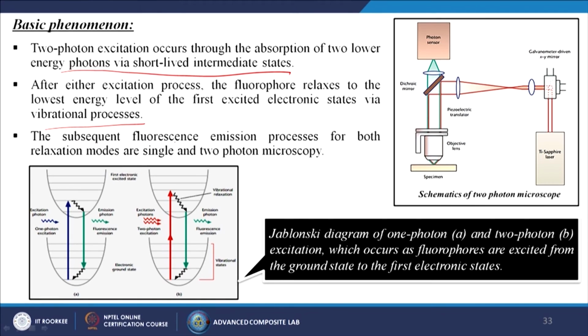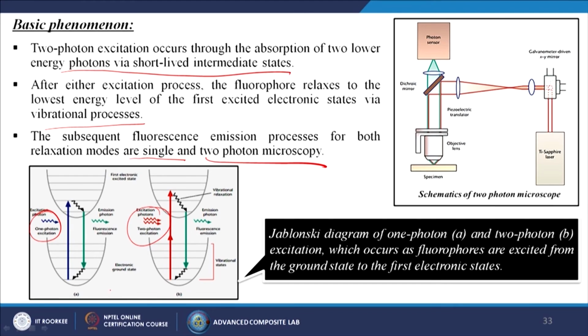The subsequent fluorescence emission process for both relaxation modes is the same in single and two-photon microscopy. Here is the Jablonski diagram of one photon. Here the one-photon excitation is taking place, and here the two-photon excitation is taking place, which occurs as fluorophores are excited from the ground state to the first electronic state.